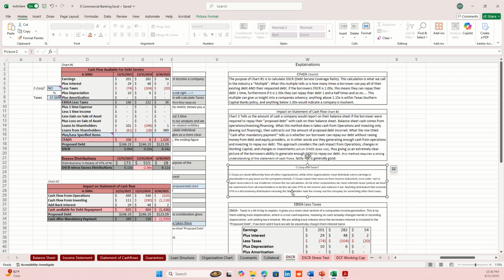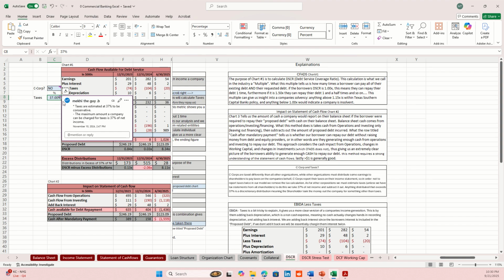To do this, we take 37% of net income and subtract it out. Anything distributed that exceeds 37% is a discretionary distribution, meaning that shareholders took the money out of the company for something other than taxes. Now, remember, we're making the assumption that everything above 37% is discretionary.